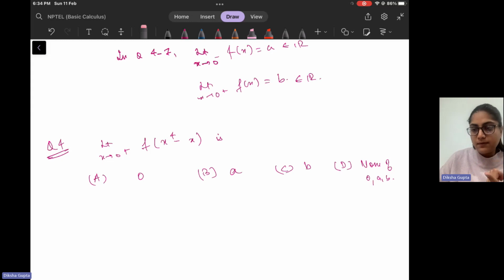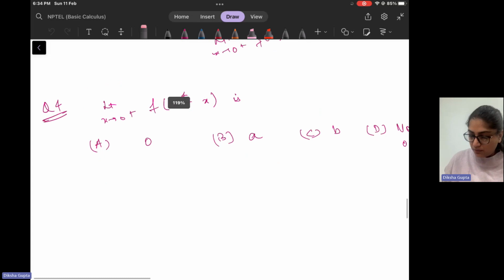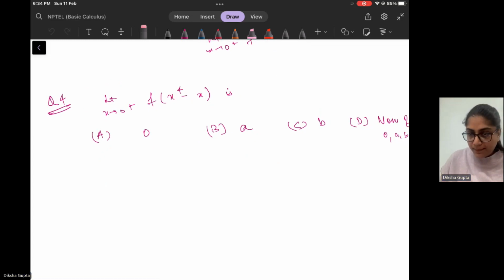Even if the function had been continuous at 0, then this left hand and right hand limit would have been equal, and would have been equal to the value of the function at 0. But none of this is happening here, so we'll have to find some other way. So you just take y equals x⁴ minus x.